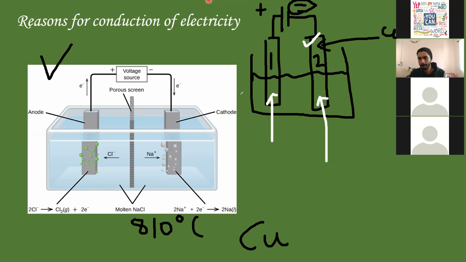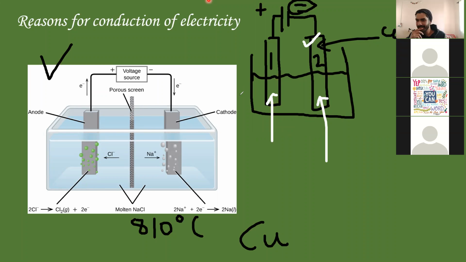One will be cathode and one will be anode. The electrode where the positive ions are going will be cathode, and the one where negative ions go will be anode.